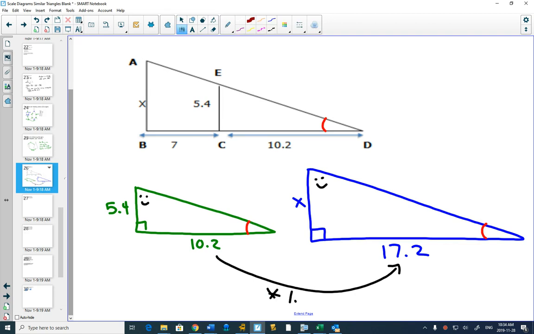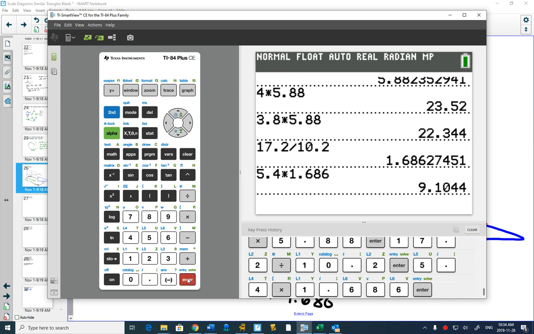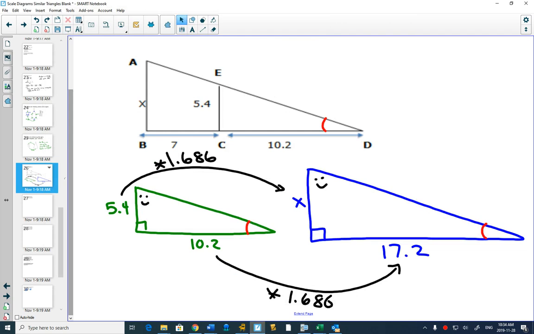I'm multiplying by 1.686 to go from here to here. So if I want to find x, I need to multiply 5.4 times 1.686. 9.1.